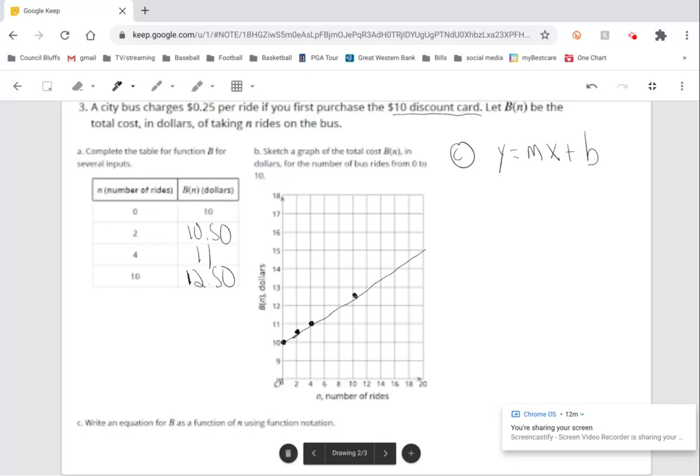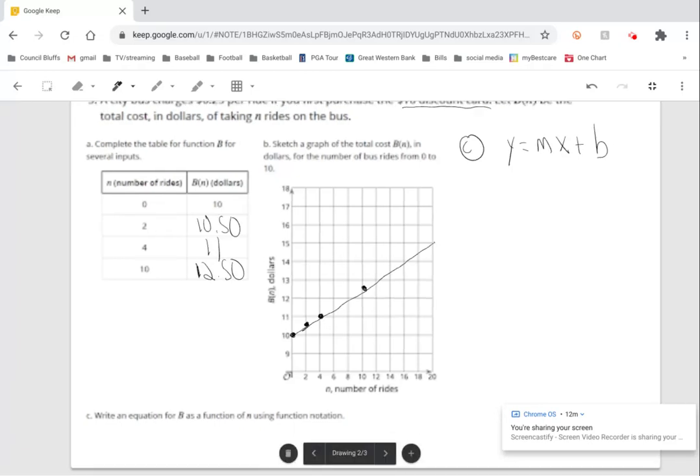So to create the equation, we need 2 values. We need our slope, which is the m value. In this case, the slope is what you go up by each time.